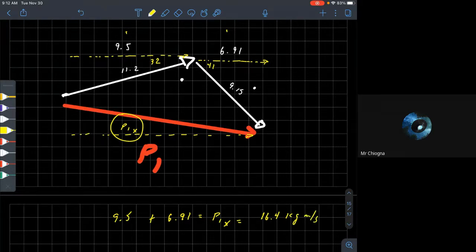Now I'm going to use purple for my y components. Is that clear? No, that's not really clear. Is green better? Yeah, I'll use green for my y components. I've got a y component in this direction, and I've got a y component for my P2 prime in this direction. Figure out what those values are. They're opposite the angles. Find the values of those. They're opposite directions, so one's positive, one's negative.